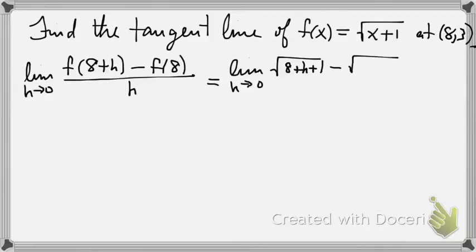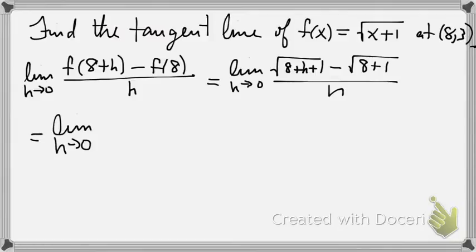Then we have minus f of 8, which is square root of 8 plus 1, all over h. So we have the limit as h approaches 0. And I warned you on the last test, and that has not gone away. Do not drop your limit, right? Until you've actually evaluated it, that limit notation is required to be there or your answer is wrong. All right?